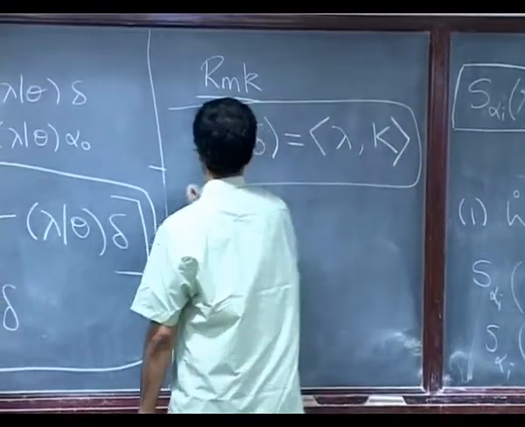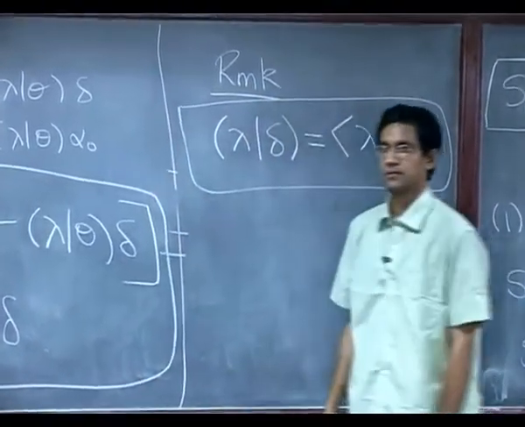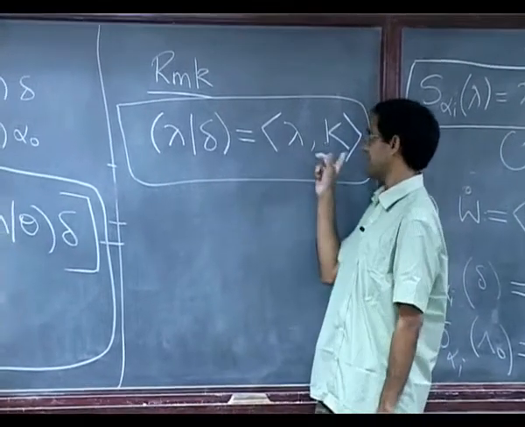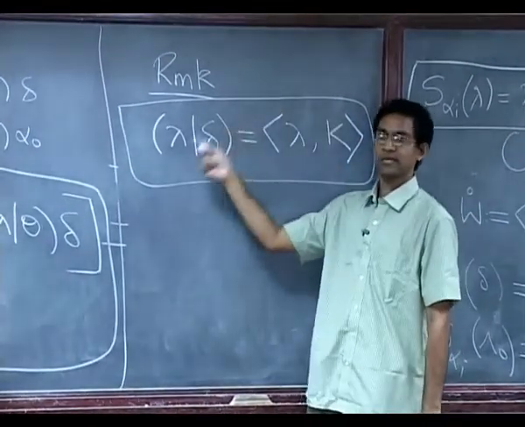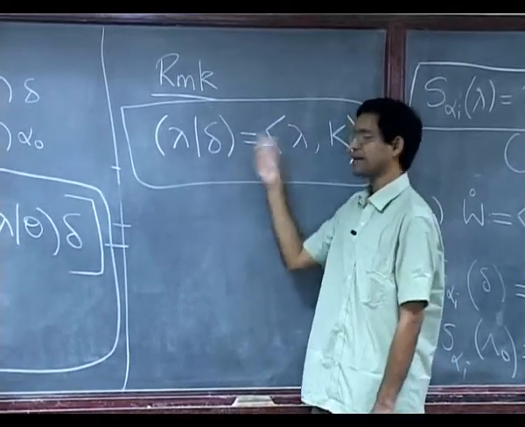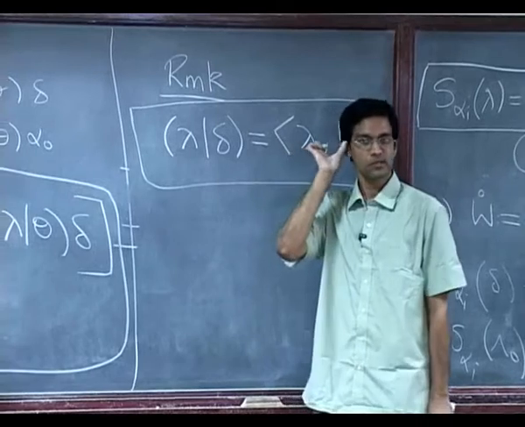So try proving this. It's just sort of our various dualities at work. K, remember, is an element of H. So what this is saying is, taking an inner product with delta, so K and delta are sort of duals with respect to this form.